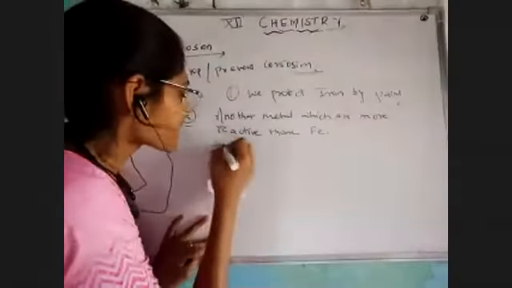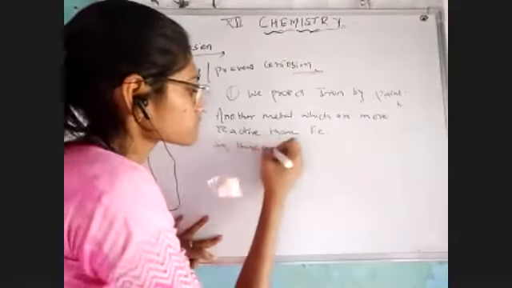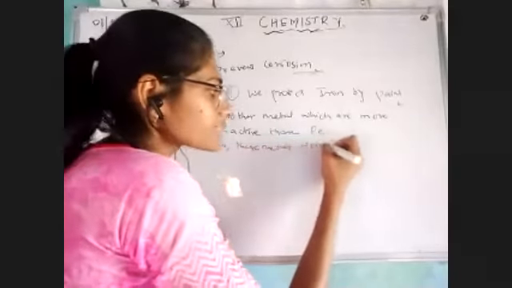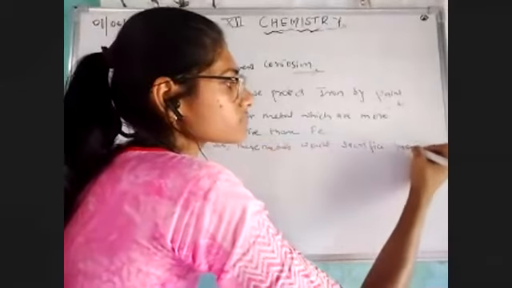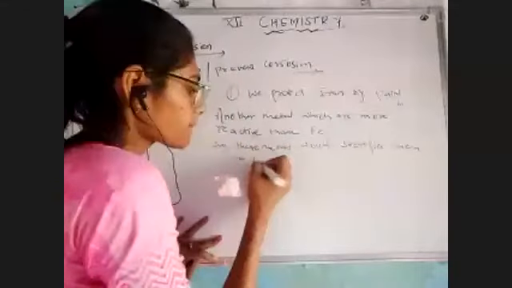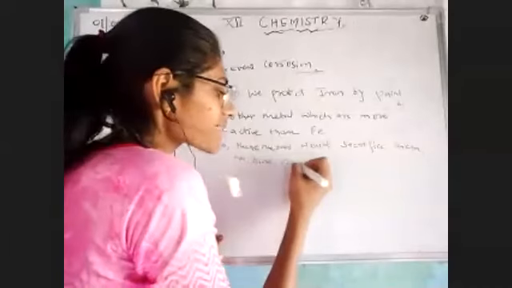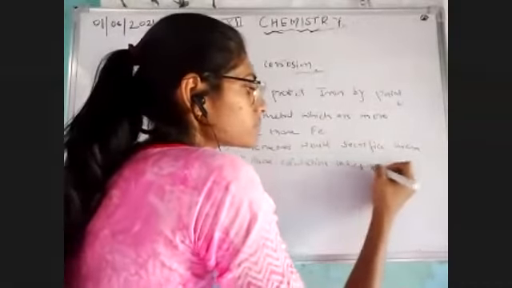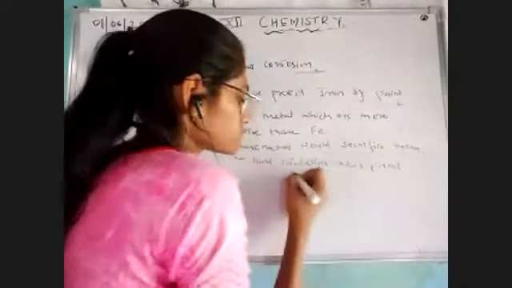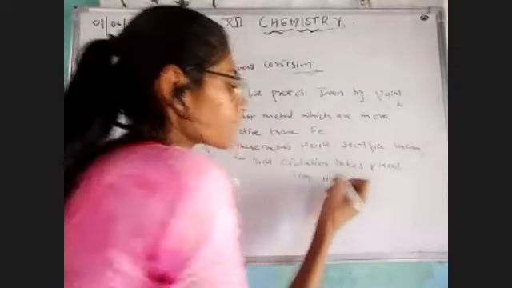So these metals would sacrifice themselves so that oxidation takes place over them. Is the point clear?